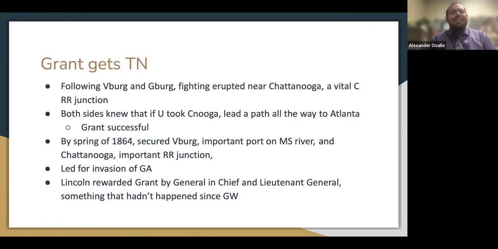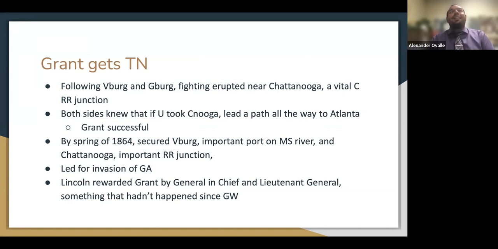All right, so Grant gets Tennessee. Following Vicksburg and Gettysburg, fighting erupted near Chattanooga, a vital Confederate railroad junction. Both sides knew if the Union took Chattanooga, it would lead a path all the way to Atlanta, and Grant was successful. By the spring of 1864, the Union secured Vicksburg, the important port on the Mississippi River, and Chattanooga, the important railroad junction.